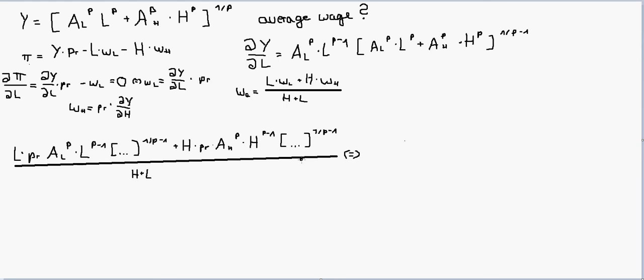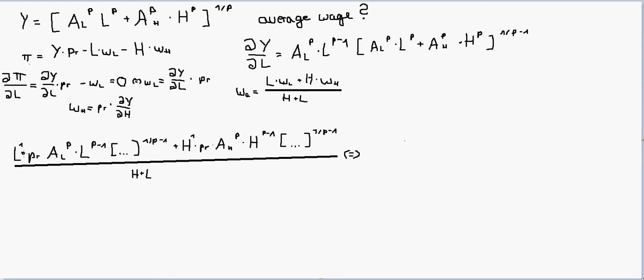So, how can we make this a bit easier? First of all, we can combine this H and this H to the power of rho minus 1, and also the L and the L to the power of rho minus 1. We could also assume that this is like an L to the power of 1 and an H to the power of 1.